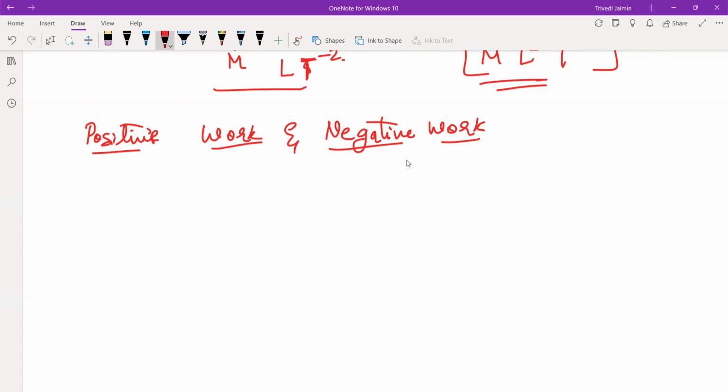Suppose I'm pushing the wall, and the friction is more than my applied force. There is no displacement also. I can say friction force is more, so it is a negative work done, but why is the work done 0? If I'm pushing the wall, we say that work done is 0.